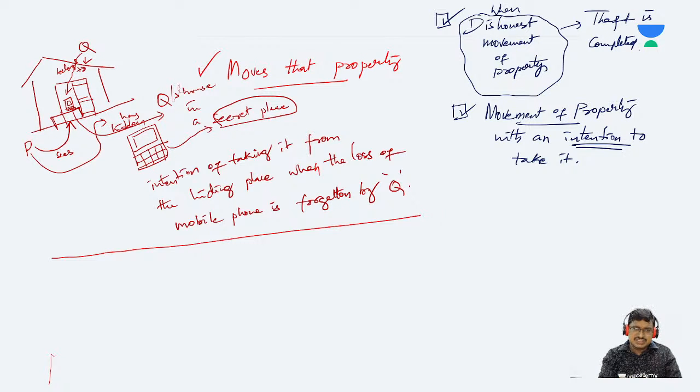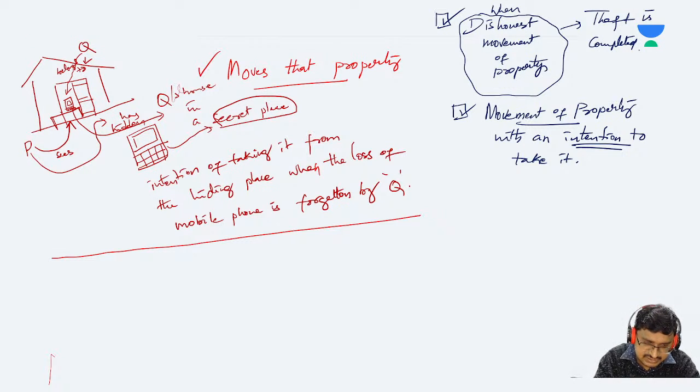Then he sees the mobile phone on the table of Mr. Q. Thereafter, he has moved the mobile phone from the table into a secret place with an intention to take it from the hiding place when the loss of the mobile phone is forgotten by Mr. Q. Under these circumstances, whenever the mobile phone is moved from the table by Mr. P, it amounts to completion of theft, friends.